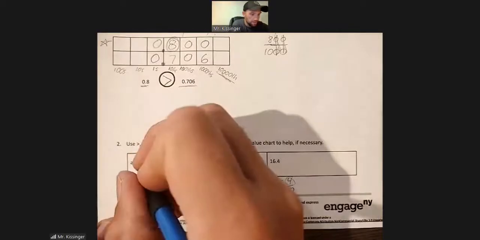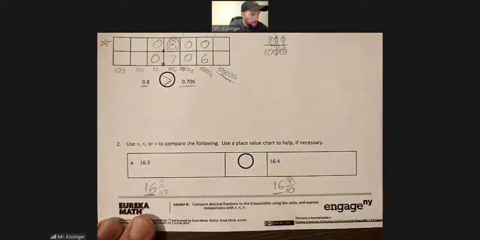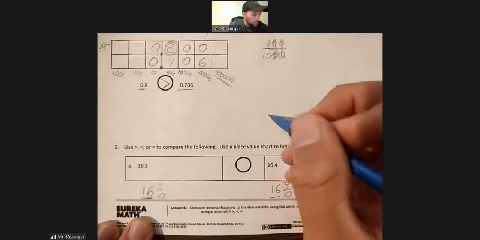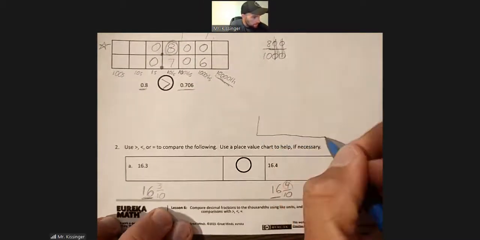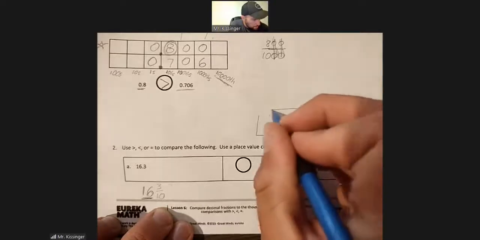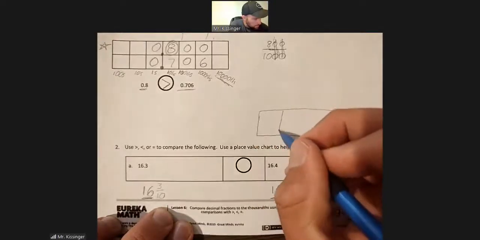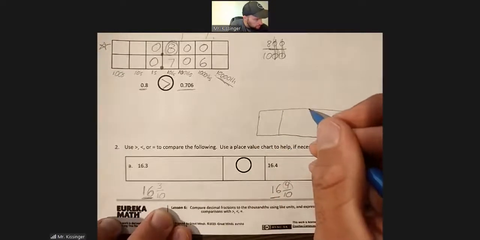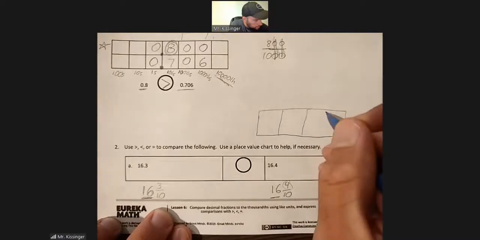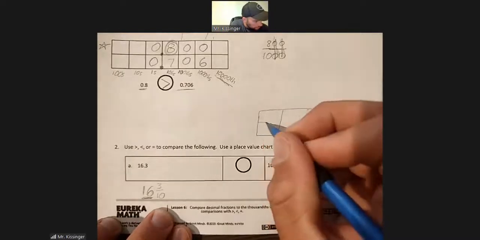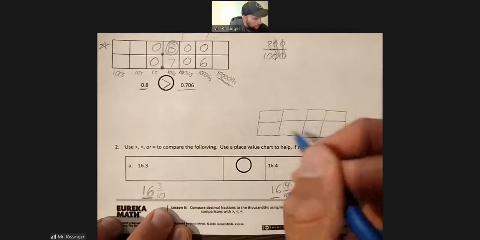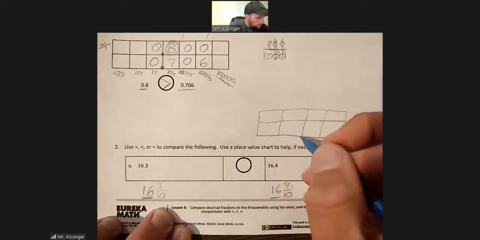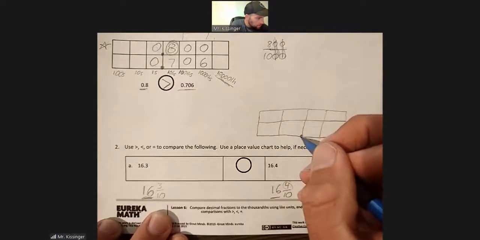Another way we can look at it is if we made our place value chart, which I'll do right up here. We only need 3 place values, but we'll make 4. And we can put our decimal point right here.